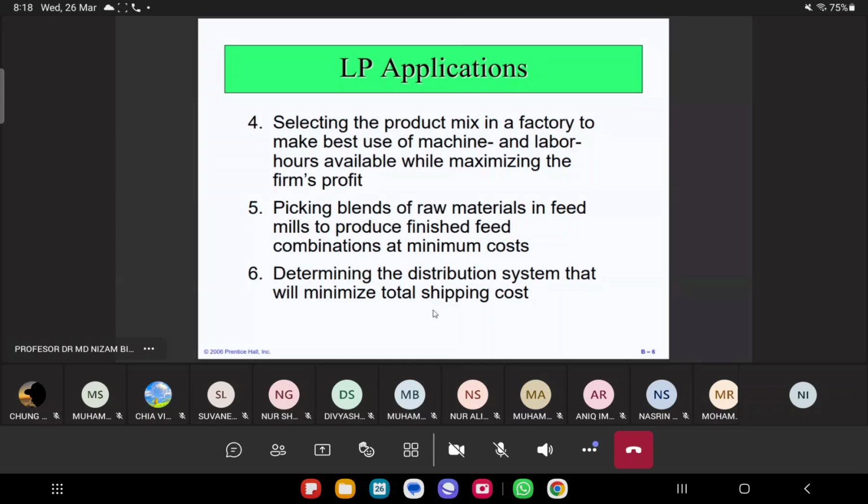Basically, you can use the linear programming method to make decisions: which ship needs to send which material to which destination, and it will minimize the total shipping cost.